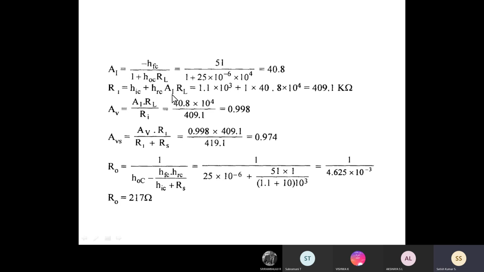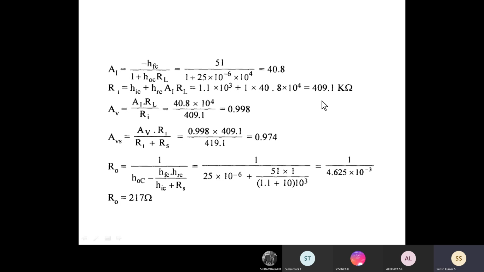RL is given, AI is calculated, HR is given, HI is given. HI is 1.1 kilo ohm. The current gain we calculated is 40.8, and load resistance is 10 to the power 4. Substituting these values, you'll get input resistance nearly equal to 409.1 kilo ohm. That is the input resistance Ri.